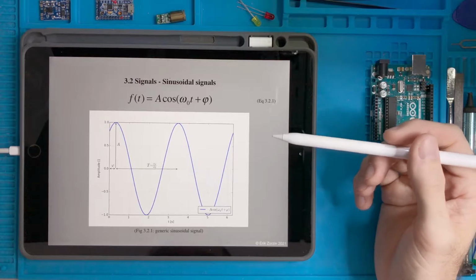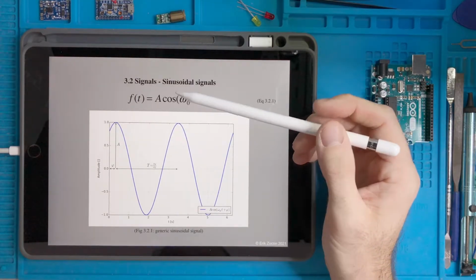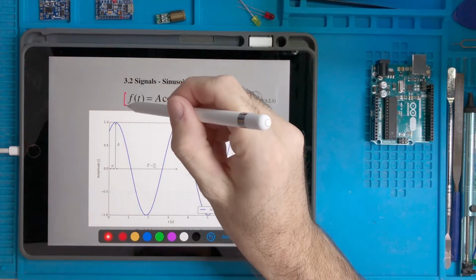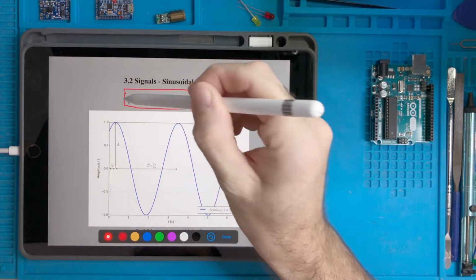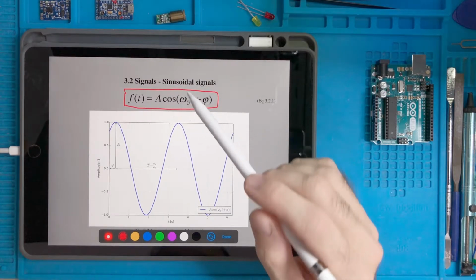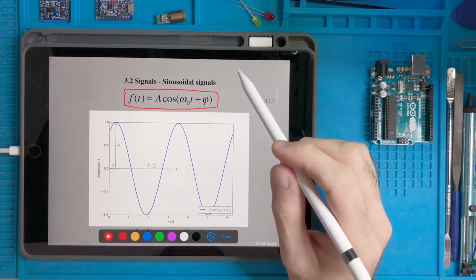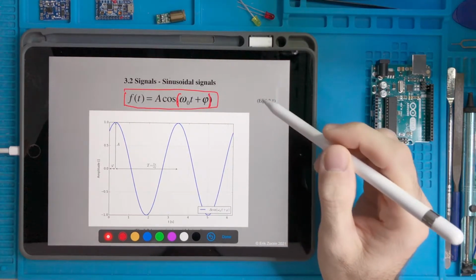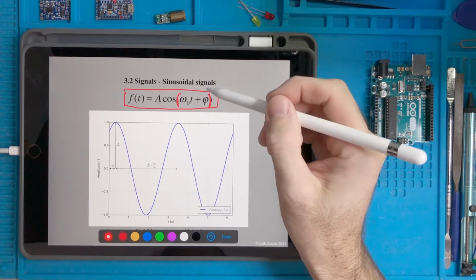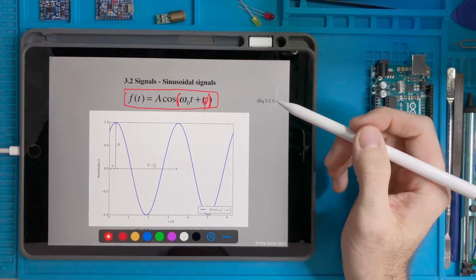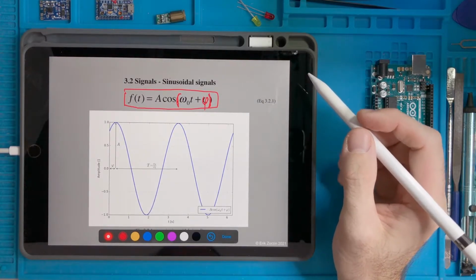It's quite simple. So here we have the expression of the sinusoid. So as a function of time, A is the amplitude. Then there is the argument, which is an angle made of two parts, phi, which is a fixed part and it corresponds to the initial phase.